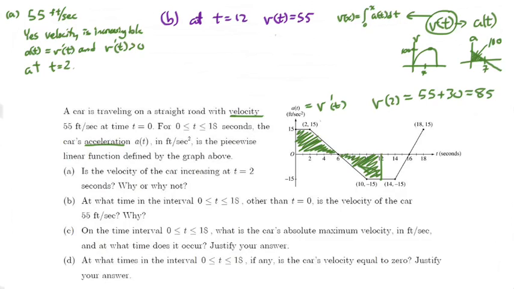How do we know that? The area underneath the acceleration curve from 0 to 6 minus the area from 6 to 12 underneath this curve equals 0. So therefore, we're back at 55 miles per hour. Okay, that's sufficient. All right, let's do the next question.